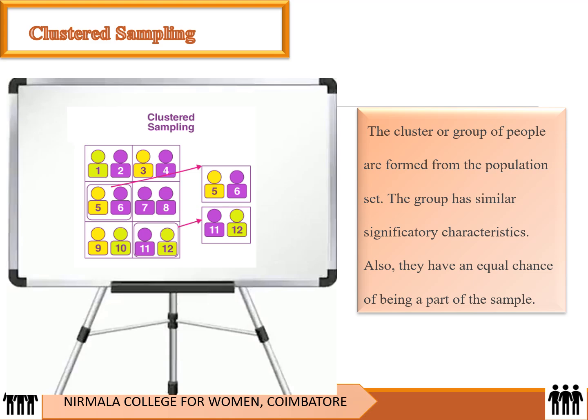So this method uses simple sampling for the cluster population. Here the people will be divided into groups, and from that group we will pick using some random method.